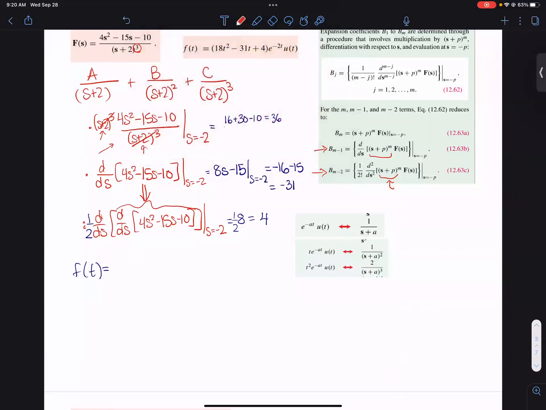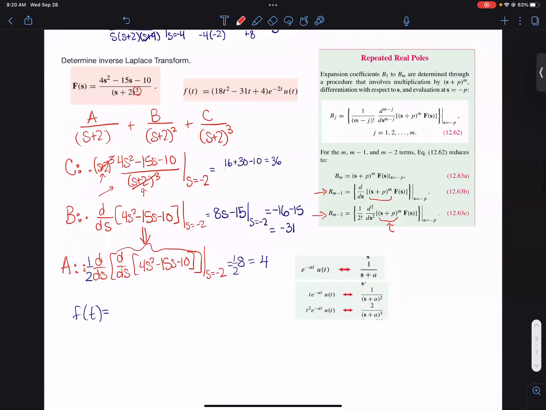So this one is C. This one is B. This one is A. B1 is, wait a minute. Yeah. So I had those backwards.